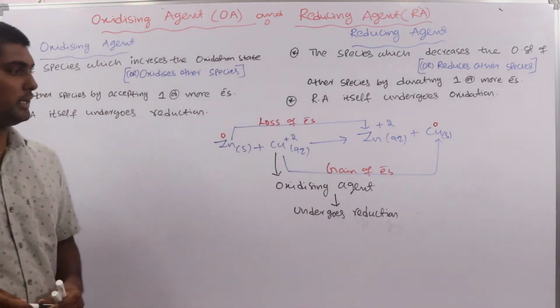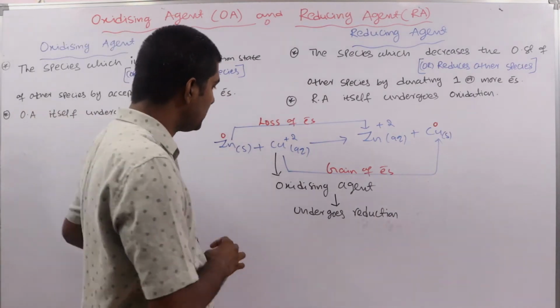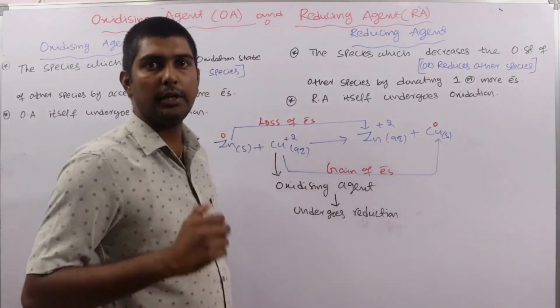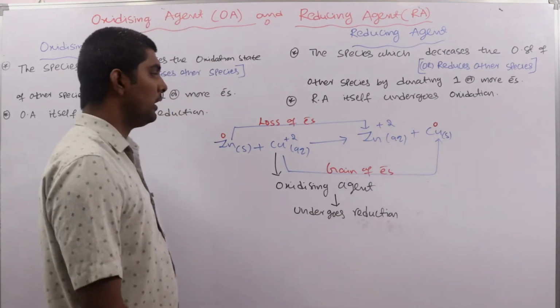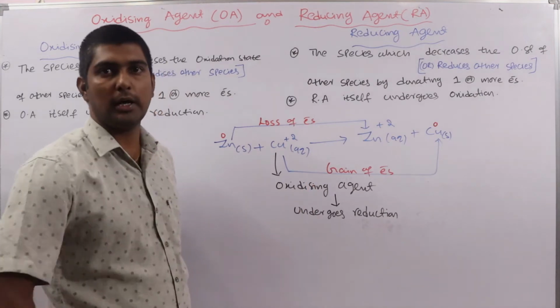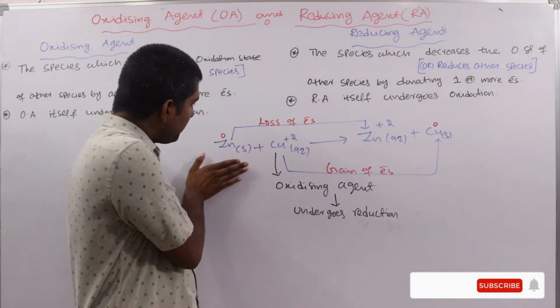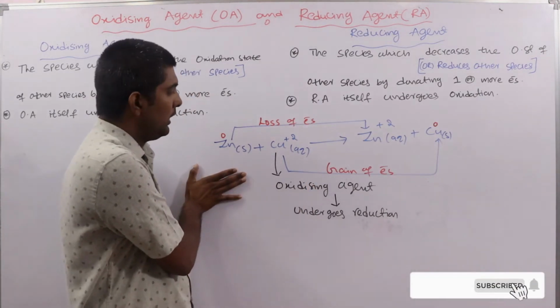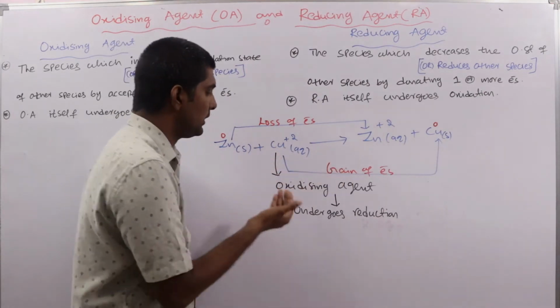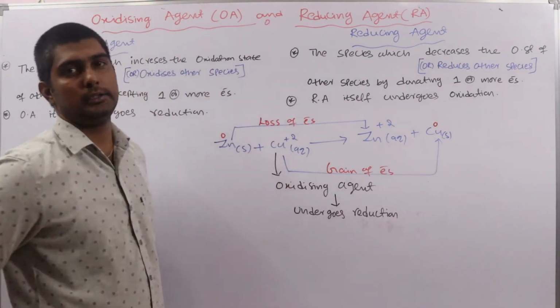Any oxidizing agent undergoes reduction, because see here plus 2 to 0 means oxidation state is decreased, that is nothing but reduction. Okay, so an oxidizing agent takes electrons from the other species and that other species undergoes oxidation, and this oxidizing agent taking electrons, so that's why it undergoes reduction.